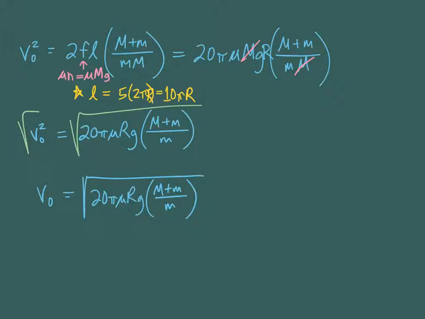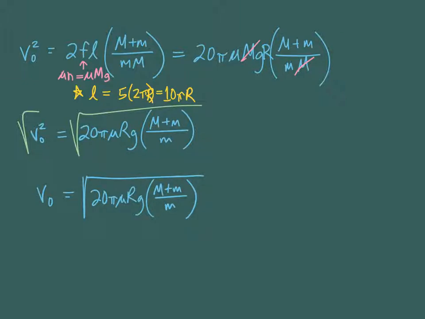So what we've obtained here is a speed function. This will tell us the initial speed required for this skater to go around the pole 5 times. It incorporates the work done by friction, except I don't have the frictional force term explicitly in it.